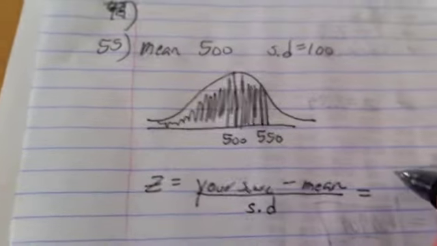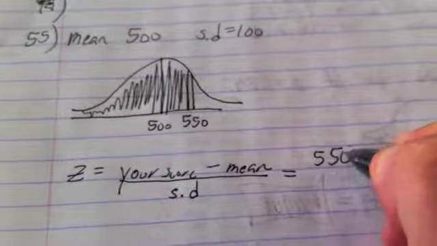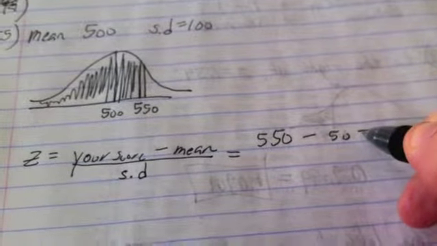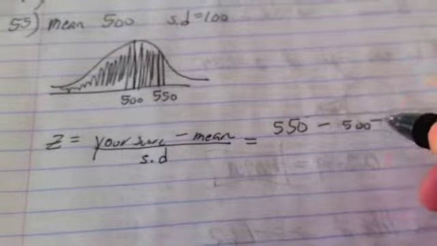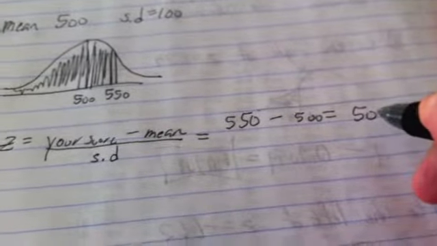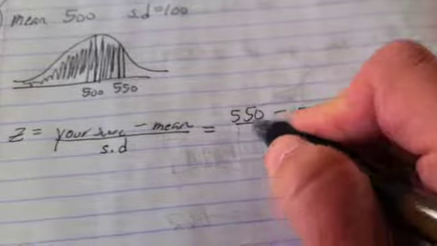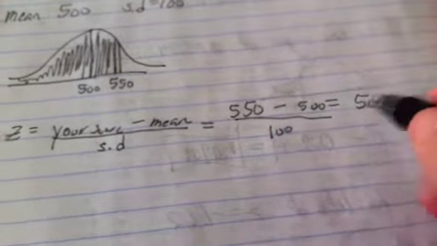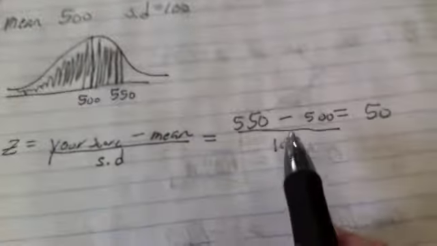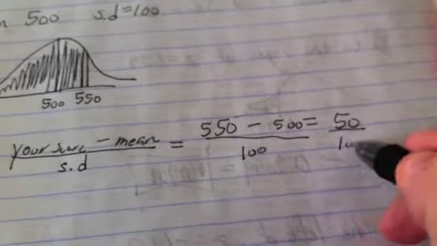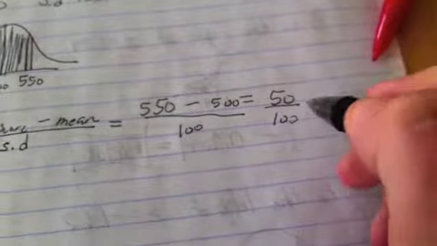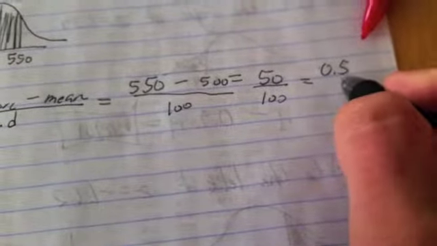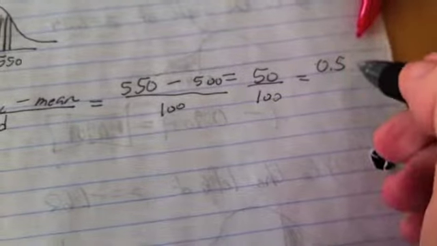So our score is 550, minus 500, which is the mean. So we know that we're 50 away from the mean, and each standard deviation is 100 because they tell us. Standard deviation was 100. So if I'm 50 away from the mean, that is half a standard deviation, 0.5. So my z-score is 0.5.